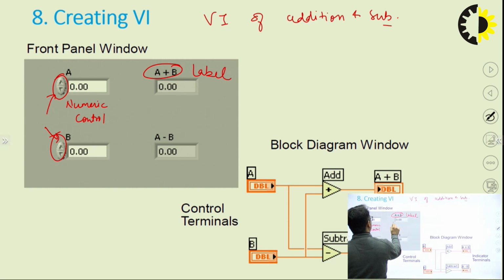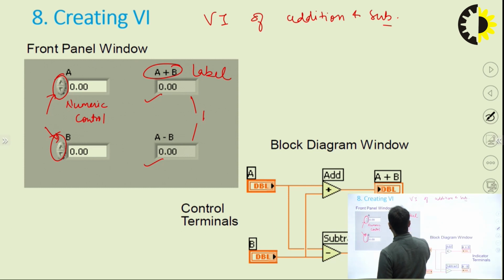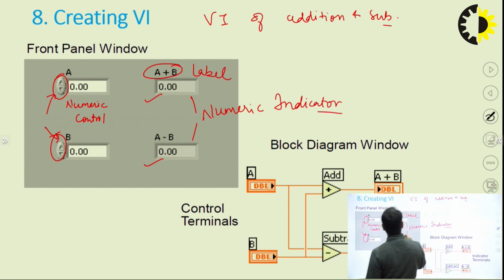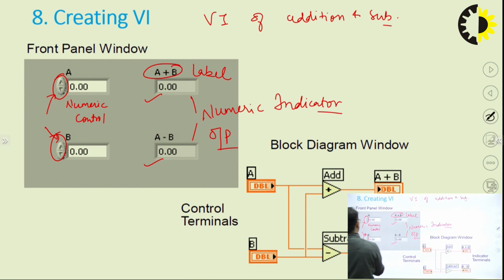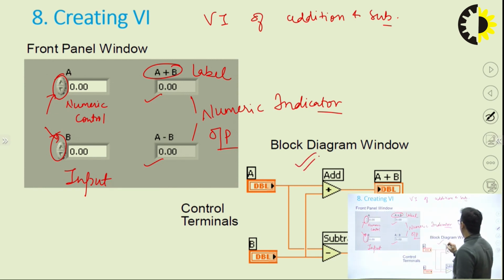Their results will be shown in these two, and these are not numeric controls, rather these are numeric indicators. So they are acting as output blocks. This is indicated as input block. On the front panel only these 4 blocks are available, but how these 4 blocks are connected to each other will be shown in this block diagram window.